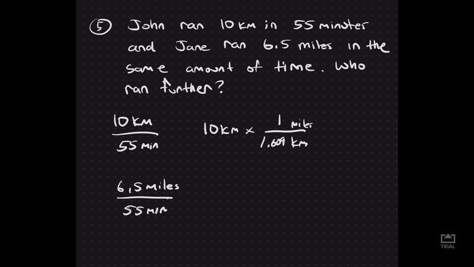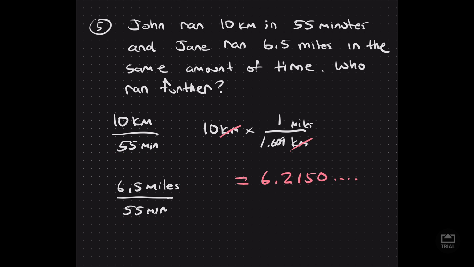So that's going to cancel out my units again, and I'm going to be left with a very simple calculation, which is just going to be 10 divided by 1.609. And we end up with 10 kilometers is equivalent to 6.2150 and a whole bunch of other numbers.